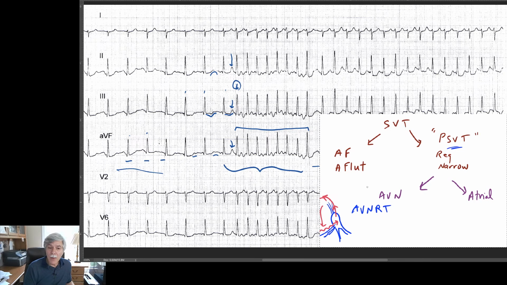But the other form of AV nodal dependent PSVT is known as AV reentry tachycardia, or otherwise known as AV reciprocating tachycardia. And AVRT, it's interesting. I always try to get people to remember that there's 4 letters. So that means there's 4 structures that are participating in this tachycardia.